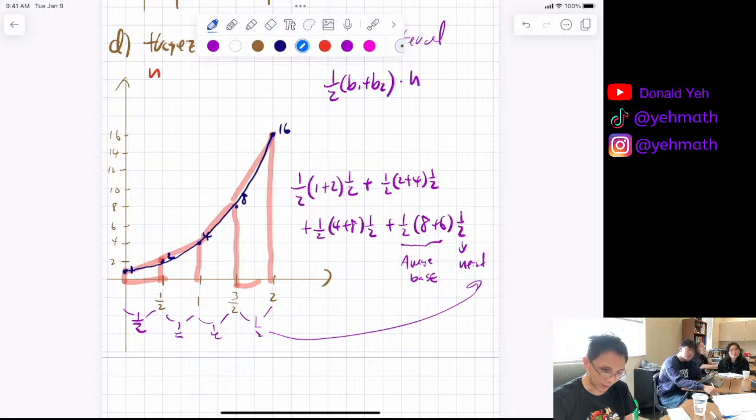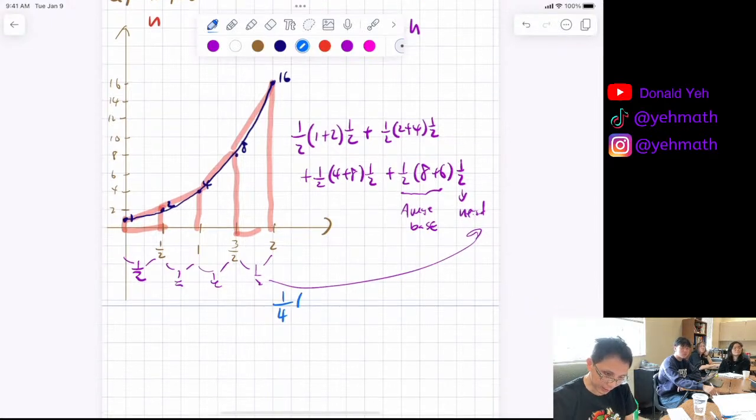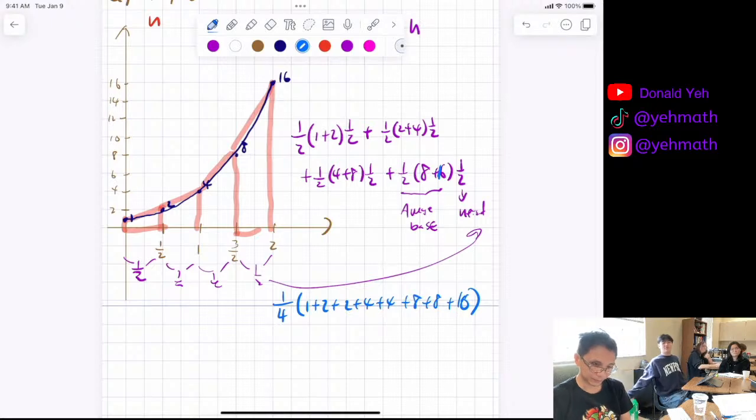It's going to be 1 over 2n, which is 4. And it's going to be 1 plus 2 plus 2 plus 4 plus 4 plus 8 plus 8 plus 16. This is 16. Less tedious way to do it.